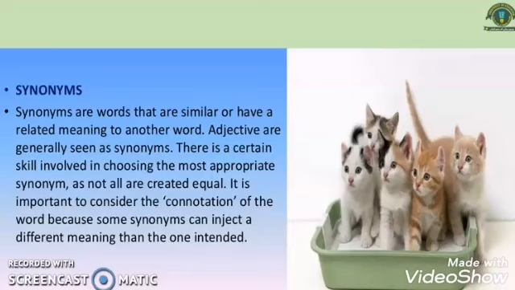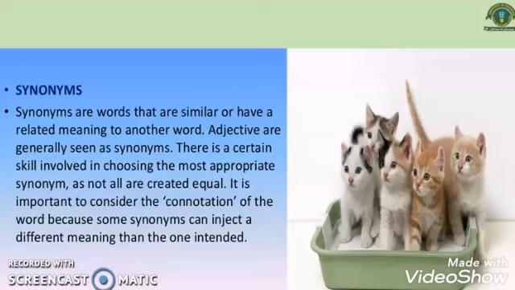A synonym is an alternate word chosen instead of the given word, a word having the same meaning and the same sense. And along with synonyms there are also antonyms, which are totally opposite words.